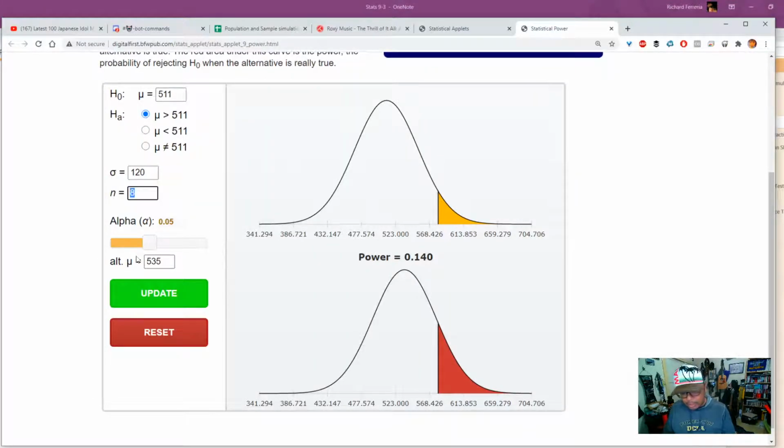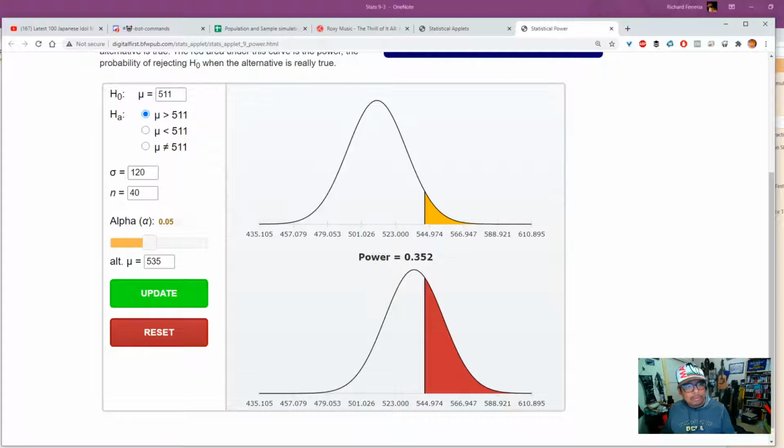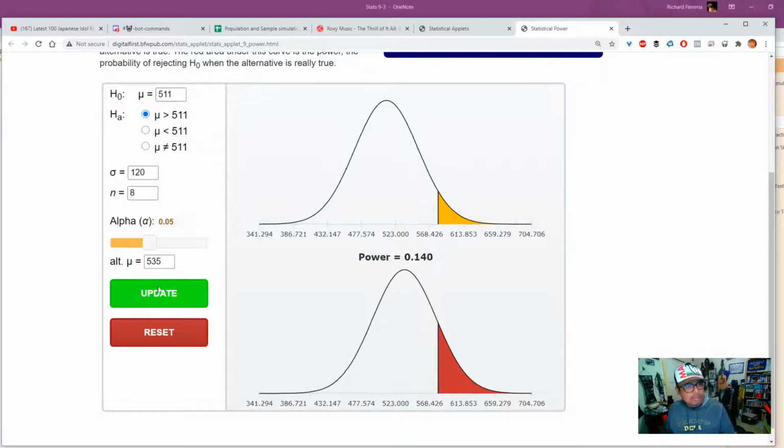Let's say I go to 40. Is that going to increase power or decrease power? Looks like I increased power all the way to 0.352.